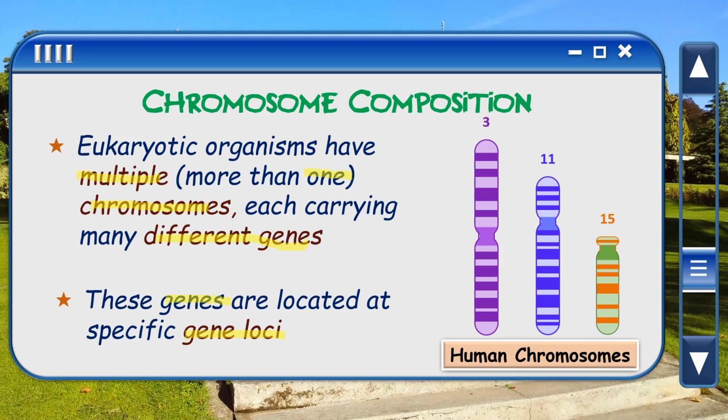Now, if you look at the human chromosomes here, for example, we have different chromosomes. There is chromosome number 3, chromosome number 11, chromosome number 15. And we are saying that eukaryotic organisms have multiple chromosomes, very many chromosomes, and these chromosomes contain different genes.